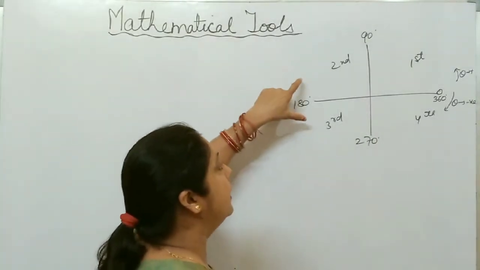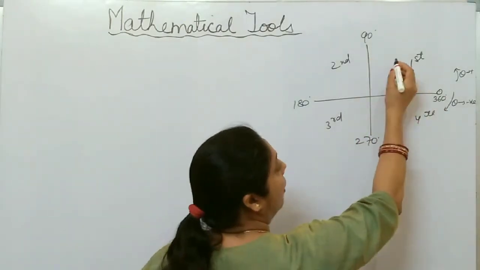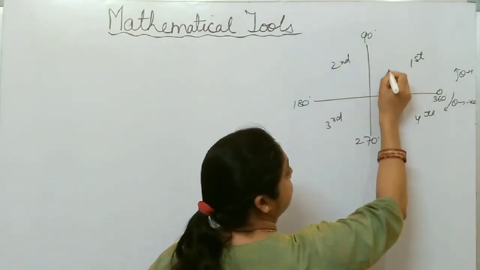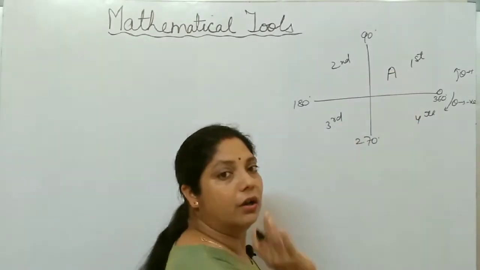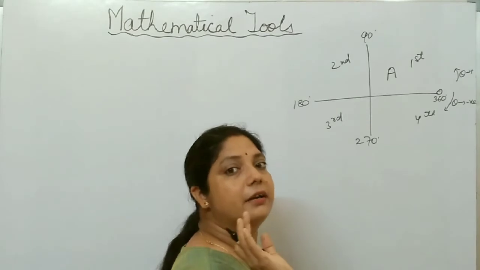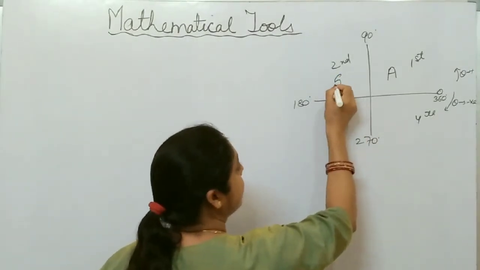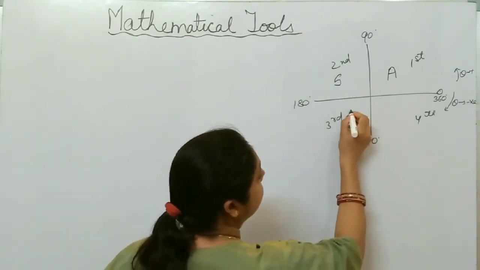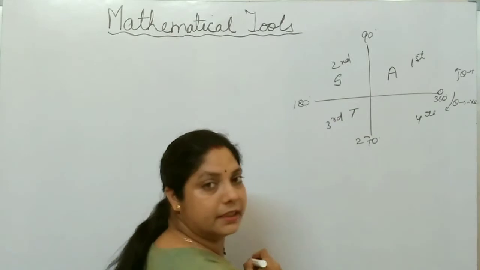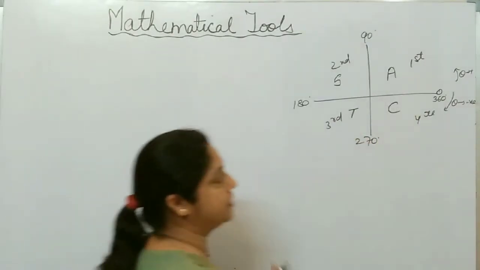Now one thing you have to keep in mind, that in the first quadrant all trigonometric ratios, I am going to write here A, meaning all trigonometric ratios are positive. In the second quadrant only sine is positive, right? In the third one only tan theta is positive, and in the fourth one cos theta is positive, right?